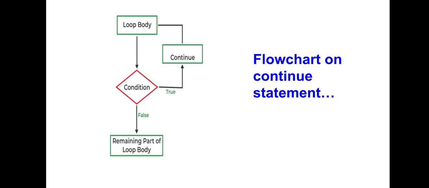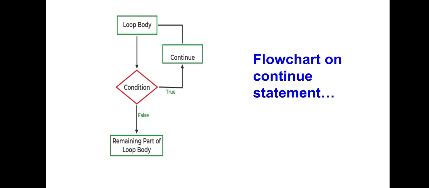It means whenever we go with the condition in looping, if the condition is true and the continue statement is identified within the block of statements, then it will go again to the body of the loop with the condition, and if the condition is true, it will again go with continue.